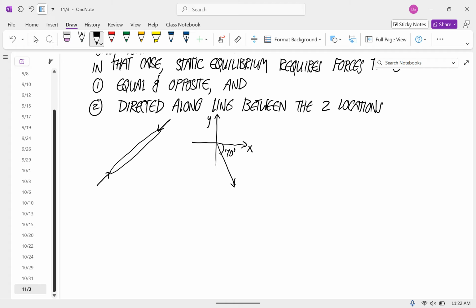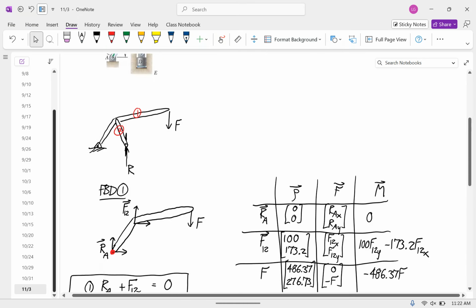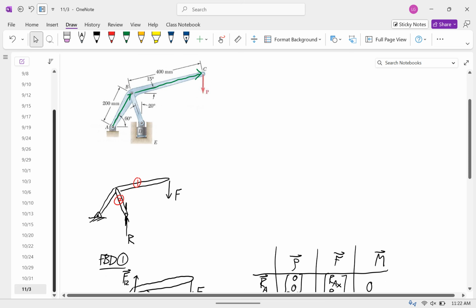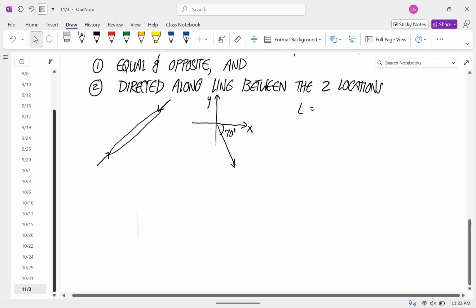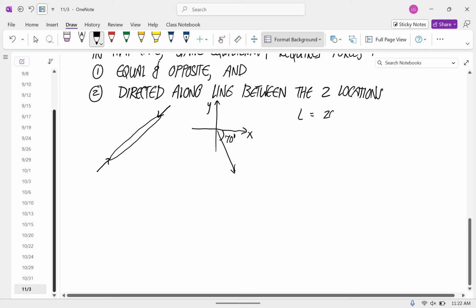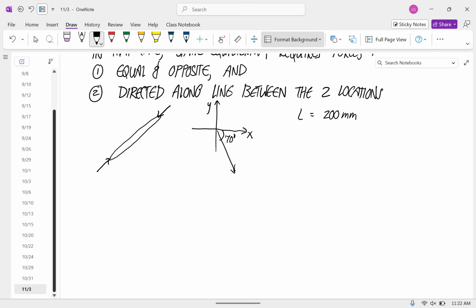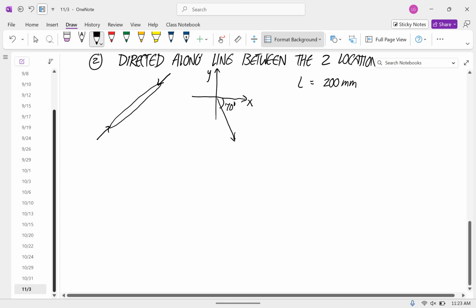And let's say the length is 200 millimeters. Okay, so let's draw the free body diagram.